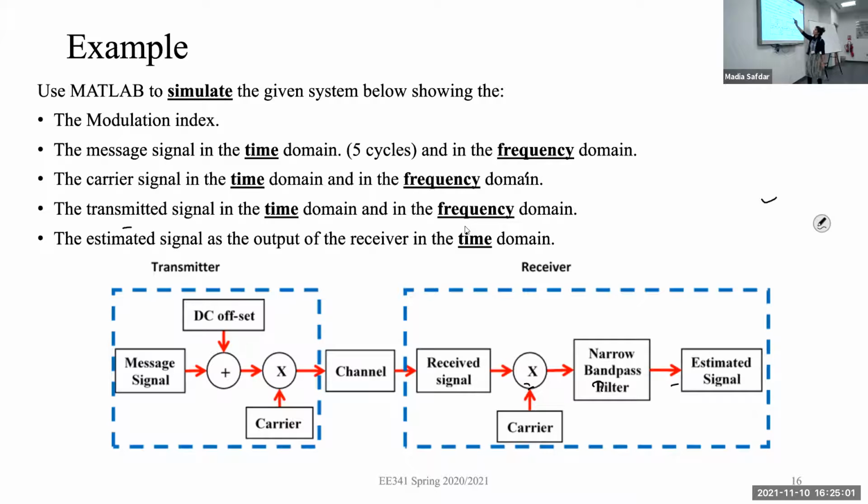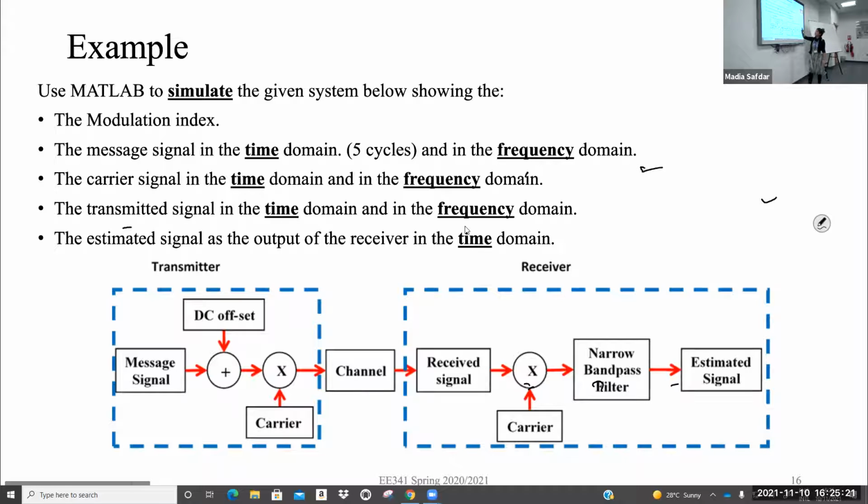Using MATLAB to simulate the given system, the message signal is 5 cycles in the time domain. Then we have to write the message in frequency also, then the carrier in time domain and frequency.